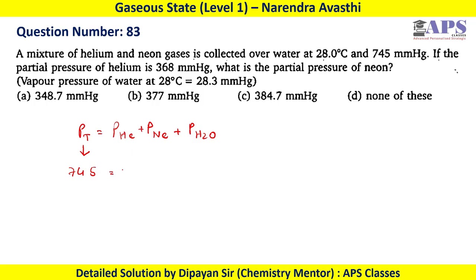Partial pressure of helium is given by 368 mm of Hg. You have to calculate partial pressure of neon, and at 28 degrees centigrade the vapor pressure of water is given by 28.3. So partial pressure of neon, from this we can calculate easily, that is going to be 348.7 mm of Hg. Hence option A will be the correct option.